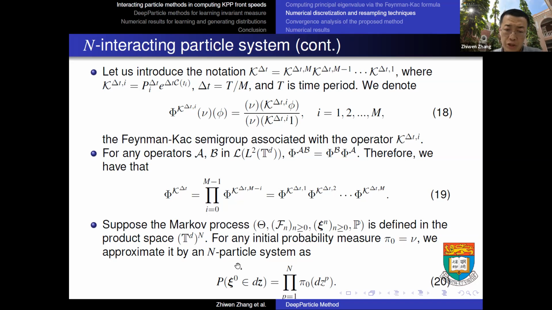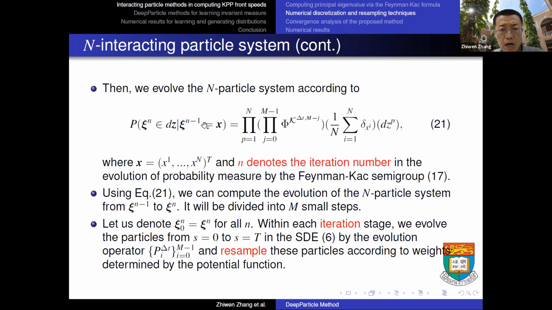That's the initial distribution, and from n-1 to n, we evolve this empirical distribution according to this Feynman-Kac semigroup. We iterate until this empirical distribution converges to the invariant measure. Then we stop. Then we use that invariant measure, through integration or summation, to approximate the principal eigenvalue. That is the basic idea of this interacting particle method.